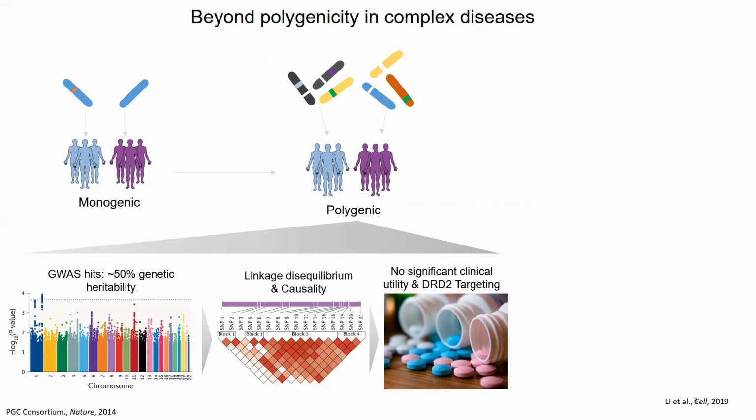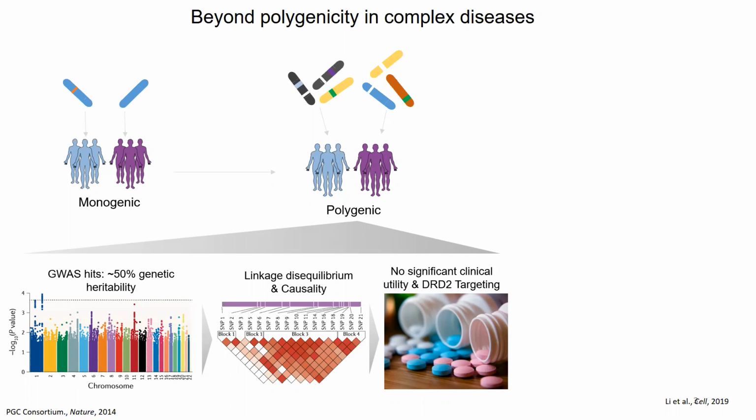Now, in the specific case of schizophrenia, 50% of the disease heritability can actually be explained by common variants. Although remarkable, critical questions still remain unanswered.